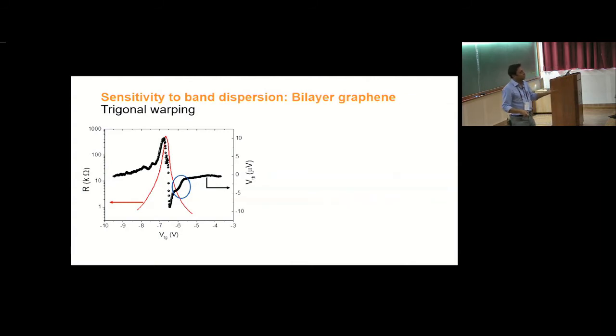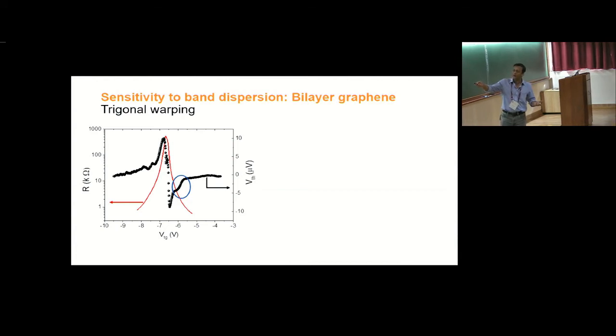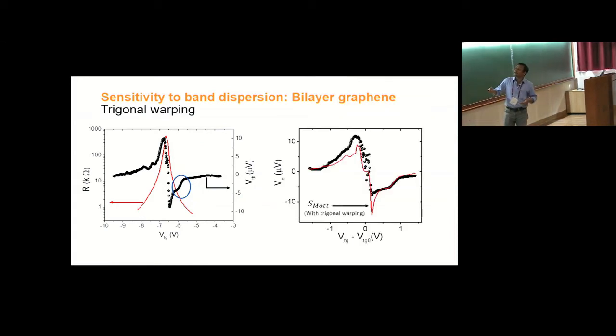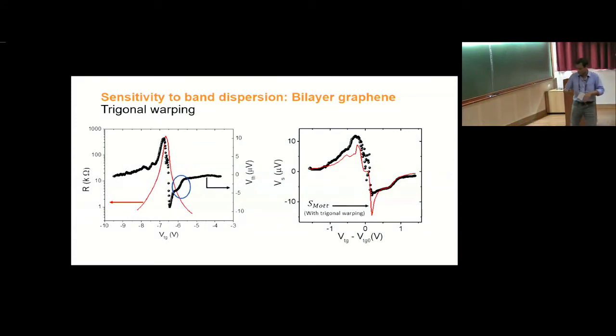The moment you do thermopower measurement, you can see that additional kink here, which cannot be explained if you simply take the bilayer graphene wave function. But what Aditya did, he calculated the density of states including the trigonal warping, and you can see this additional feature now gets reflected in what thermopower is giving us. This is low temperature, about 0.3 Kelvin. I think I have to cross-check with him once.